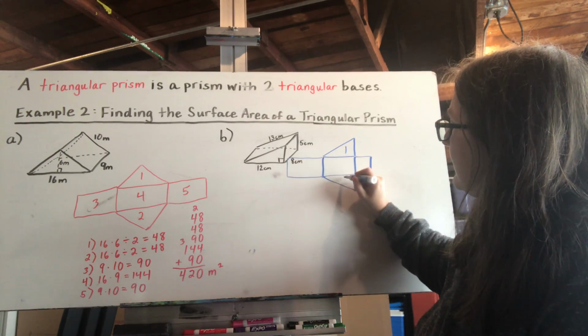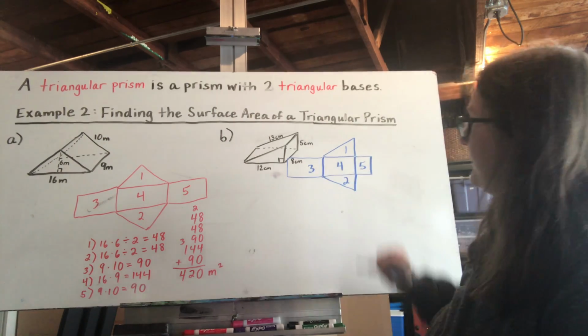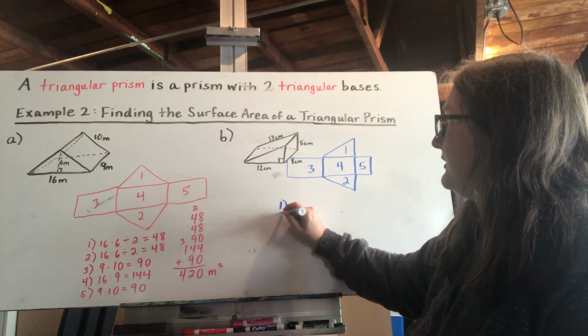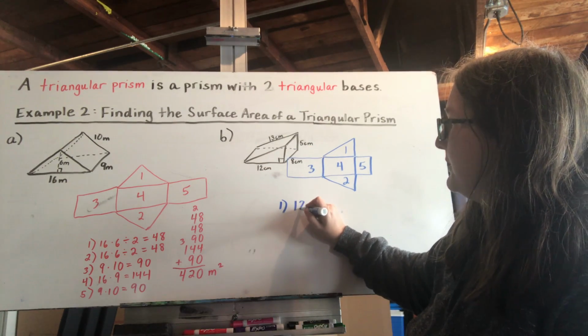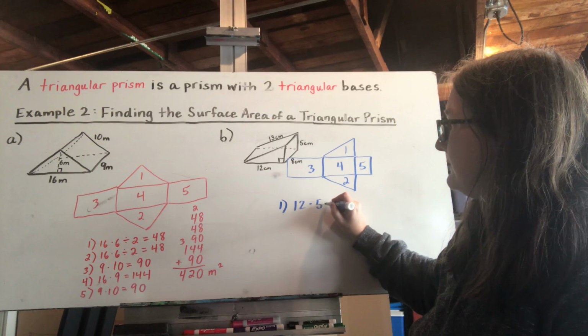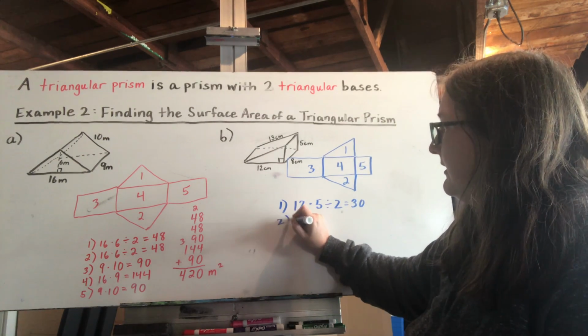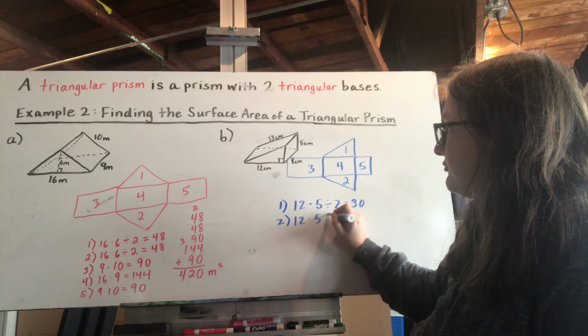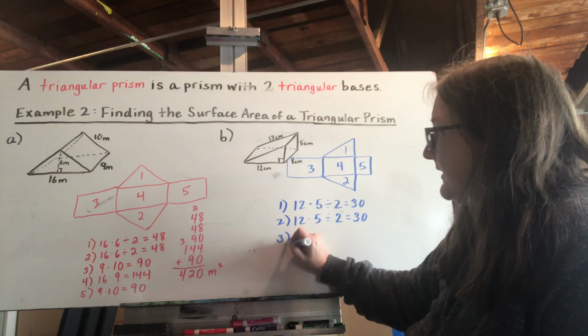All right, so here are my 5 sides. So I'm going to start with the triangles. So the triangles have a base of 12 and a height of 5, but for all triangles I do base times height divided by 2, so I get 30 here. Same thing for the other triangle. The triangles are the bases, they are always identical in a prism.